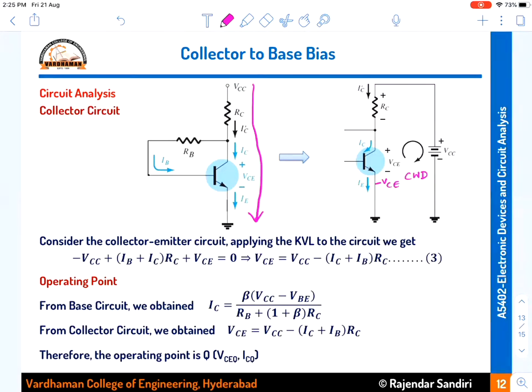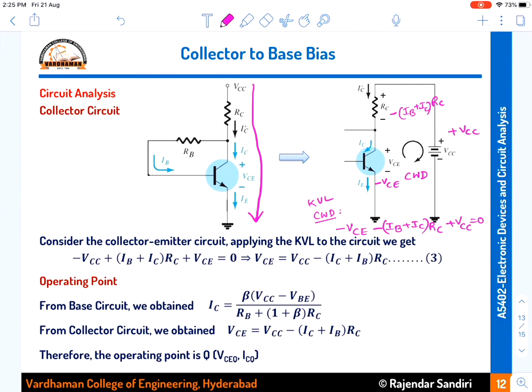Then in this resistor RC, it is minus IC dash, which means minus IB plus IC into RC, and this will be plus VCC. Now these three terms, if you write the KVL in the clockwise direction: minus VCE minus IB plus IC into RC plus VCC is equal to 0.